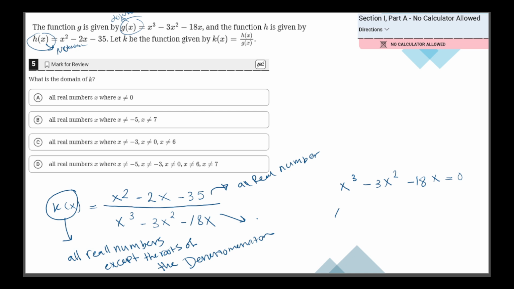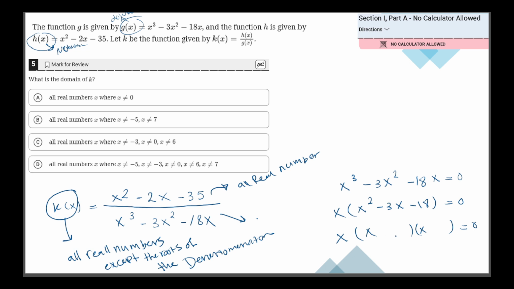And here is how to factorize that. x times x squared minus 3x minus 18 equals 0, and this can be factorized also. Here x and x. What are the two numbers? The multiplication of them is negative 18 and the summation of them equals negative 3.